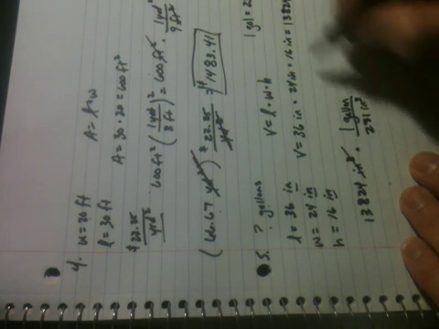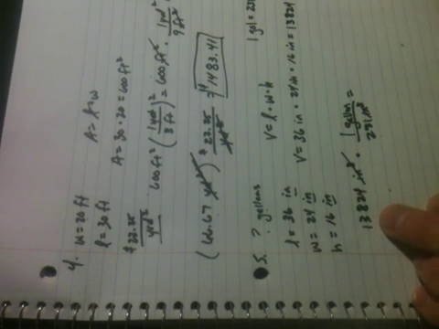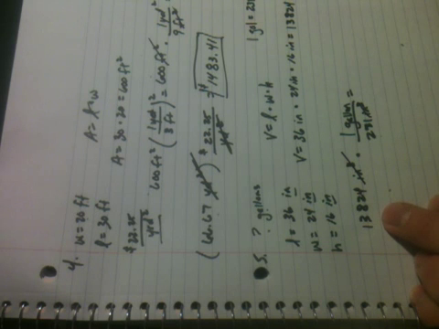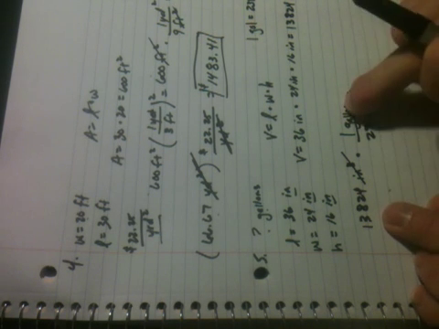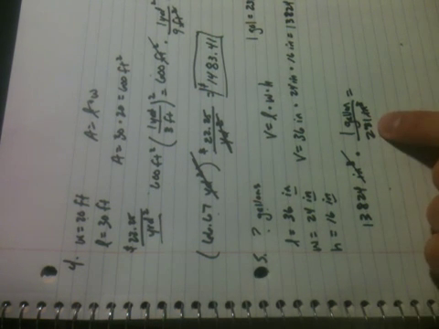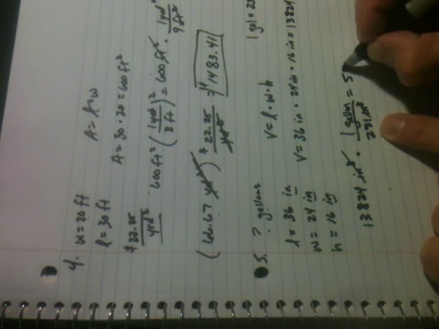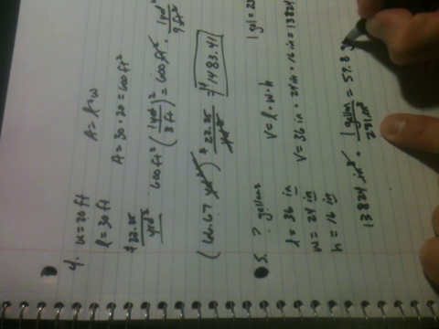So the inches will cross out with the inches automatically. So all you have to do now is multiply across, but it's multiplied by 1, so it's still going to be 13,824 divided by 231, which will equal 59.8 gallons.